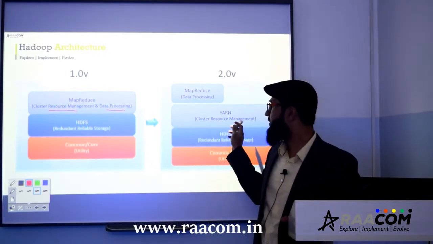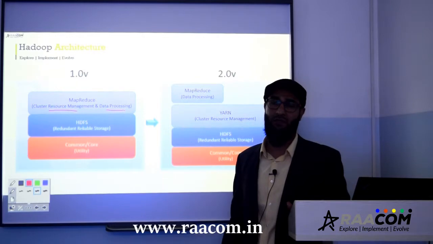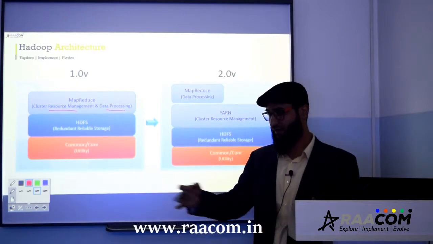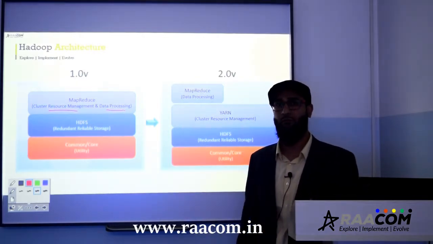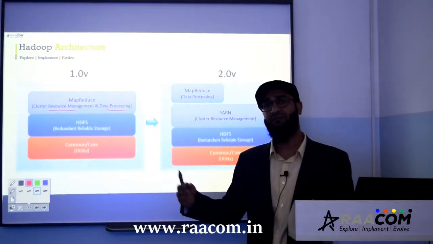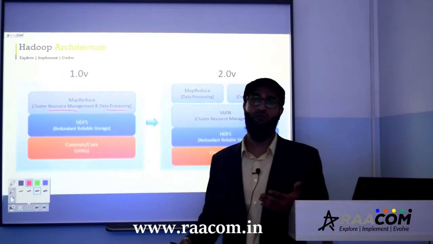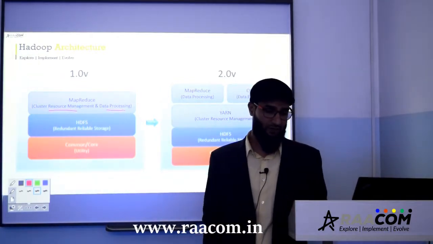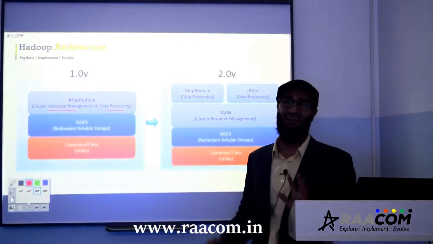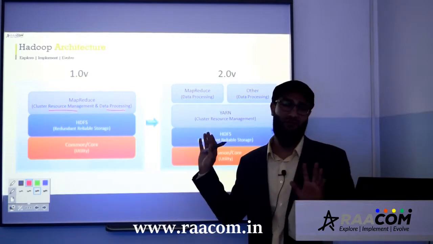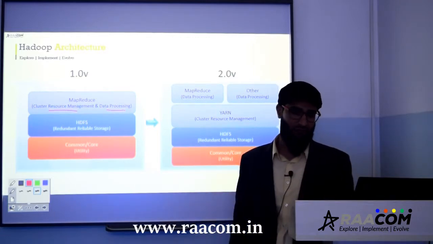That is where the breakthrough happened, and a dedicated layer was put in place for managing the resources. And when that happened, other data processing also became possible within the architecture. So that's a quick glance at the difference between version 1 and version 2 on a high-level architecture.